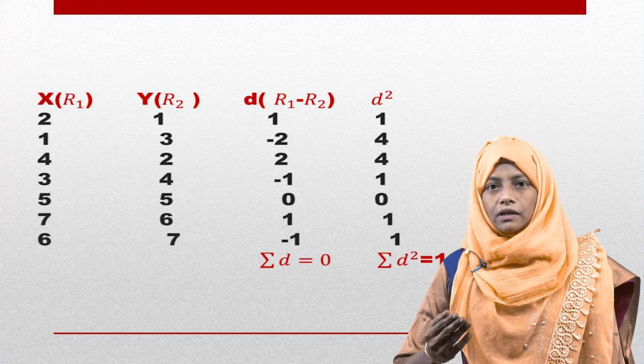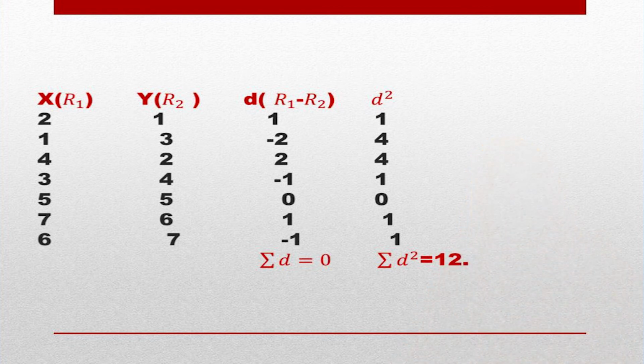The next step is the difference between R1 and R2, that is D, in the third column. After finding D, the last step is to square the difference, that is D square. Finally, the value of summation D square is 12.